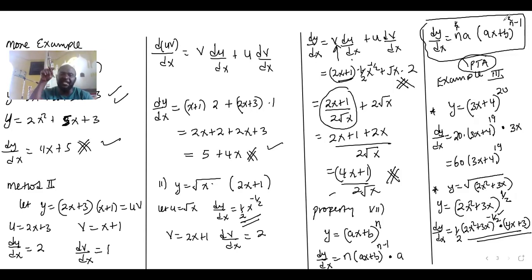Then after, differentiate the term inside. Lutu, differentiate for me the inside term. You have 2x squared plus 3x. Differentiate, what answer do you get? By eye, just look at it and give me the answer.